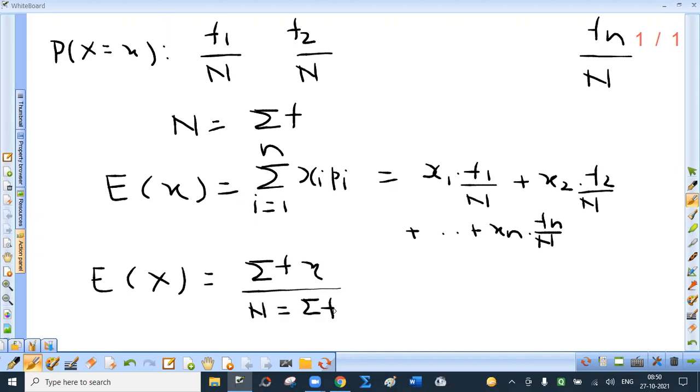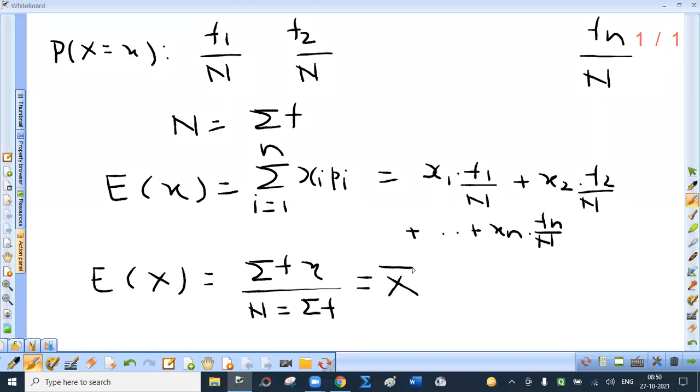Note that this is the formula for arithmetic mean. Now, arithmetic mean of which variable? X. Arithmetic mean is denoted by x bar. This proves that E of x is nothing but x bar. I already uploaded the proof; it is included in that file.